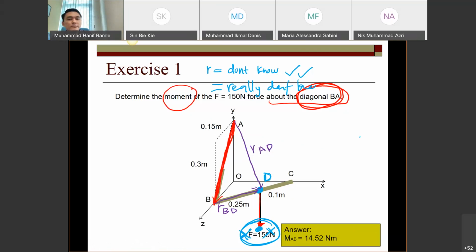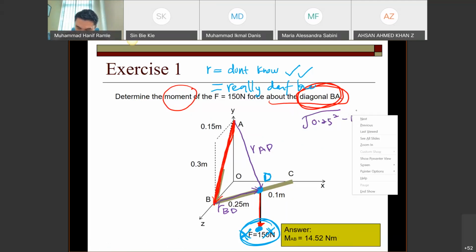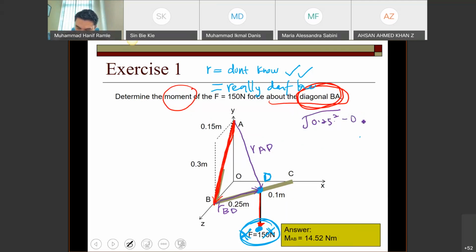Square root of 0.25 square minus 0.15 square. Ahsan, can you repeat? Square root of 0.25 square minus 0.15 square.